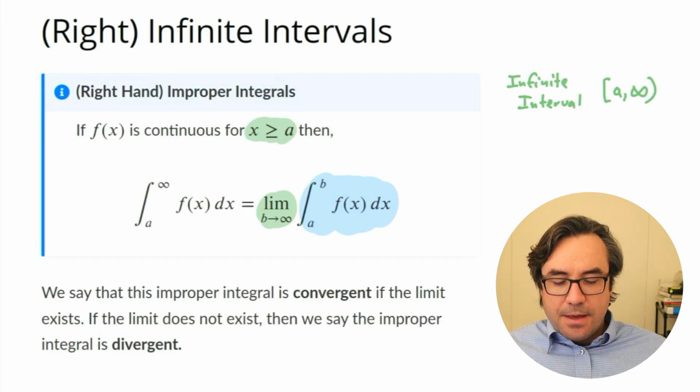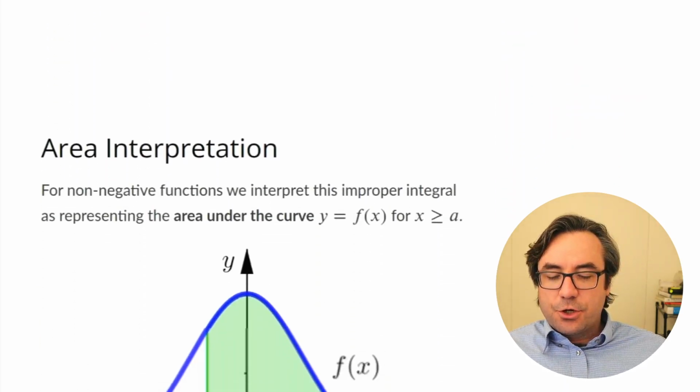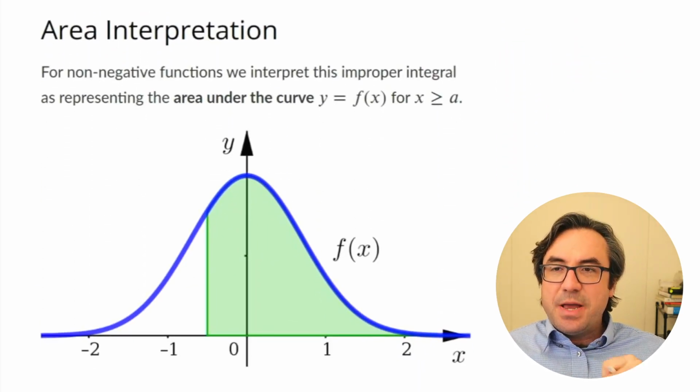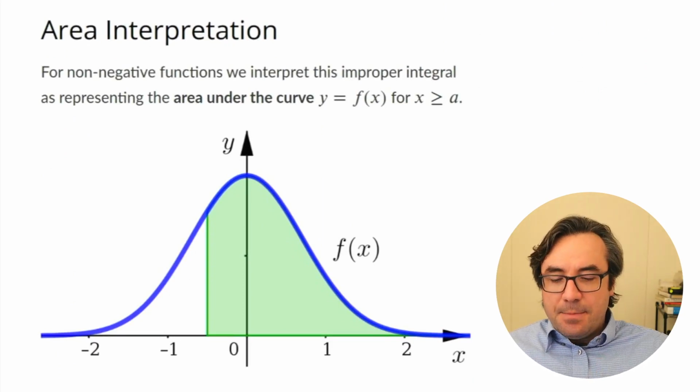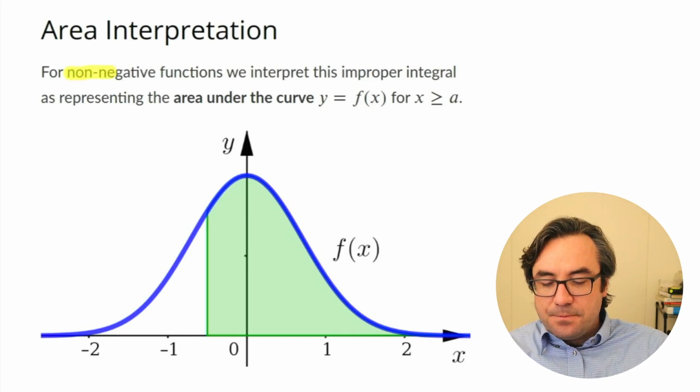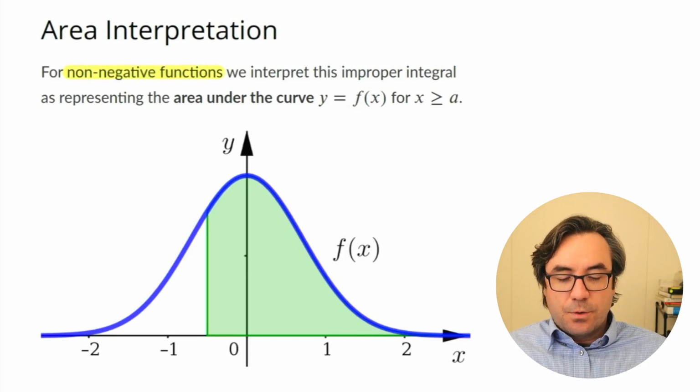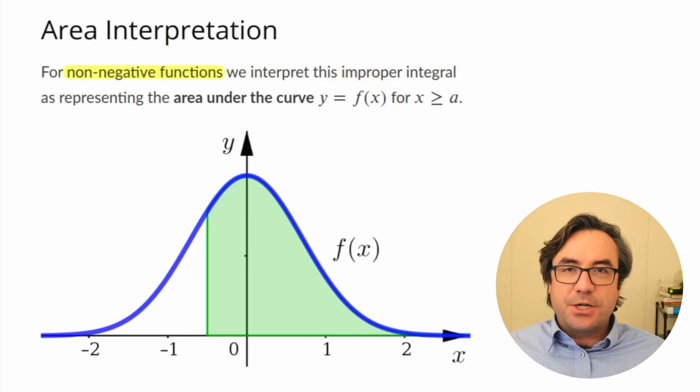All right. And to interpret this, it helps to have a picture. So our area interpretation here is for a non-negative function. So we're going to assume, just for this little picture, that our function here is non-negative, so it sits above the x-axis for all x greater than or equal to a.